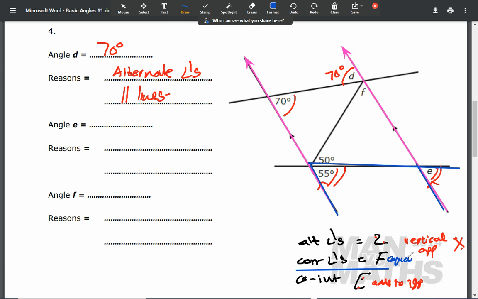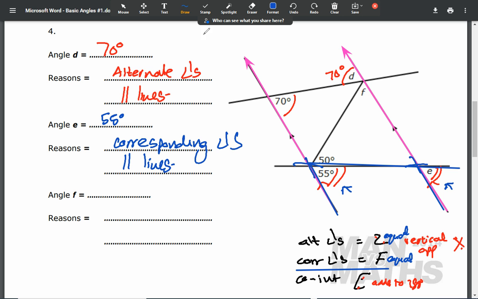All right, so they're equal. So E is going to be 55 degrees. Corresponding, they both lie in the bottom right hand corner of that crossroad. Okay, they correspond. Corresponding angles are built on the concept of parallel lines, so write parallel lines after that.